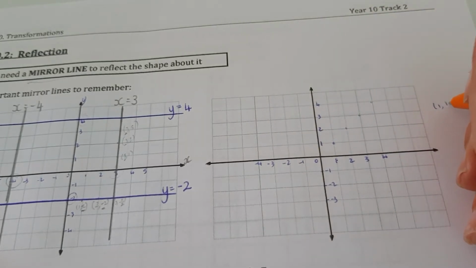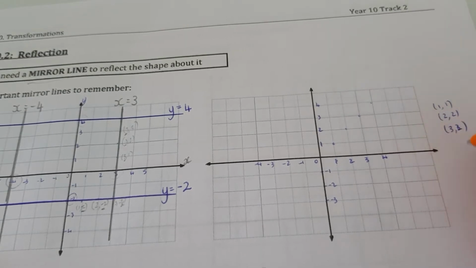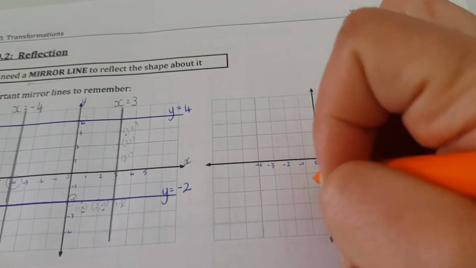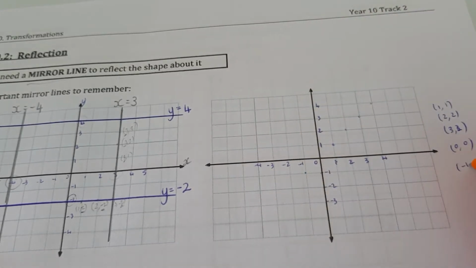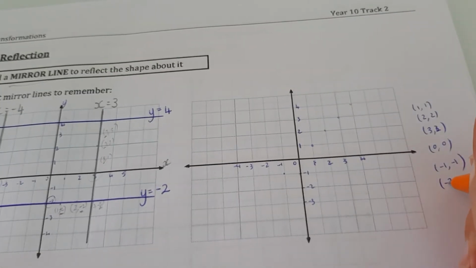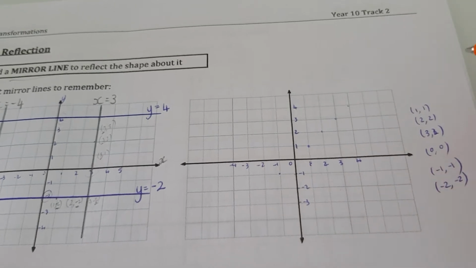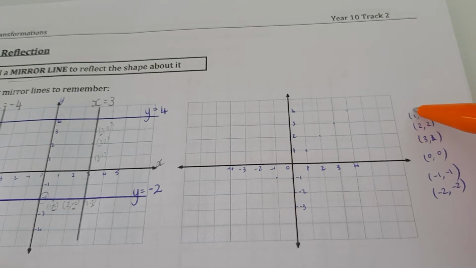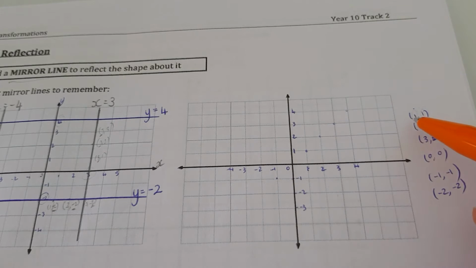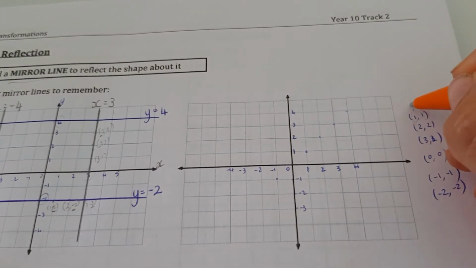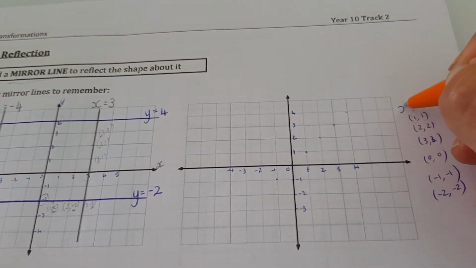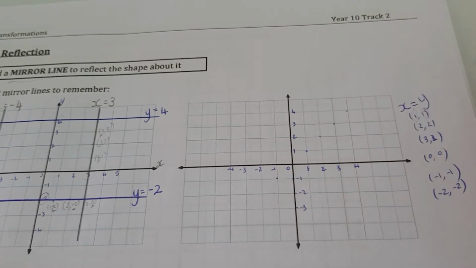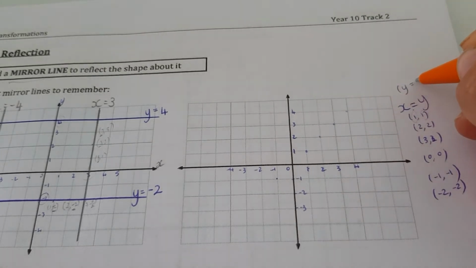Now 1, 1, 2, 2, 3, 3, 0, 0, -1, -1, -2, -2. What can we notice? With regards to the x and the y coordinate, we can say that the x and y coordinate are the same. So that is the line x equals y, or y equals x.